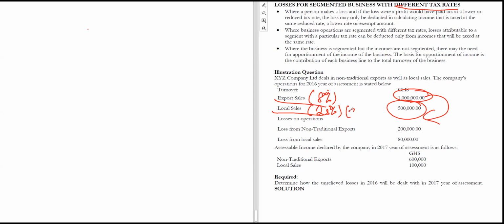Unless both businesses were at 25%, then I can charge this loss against that one because the net effect is the same. Do you understand? Is it understood? Low tax against low tax, high tax against high tax.